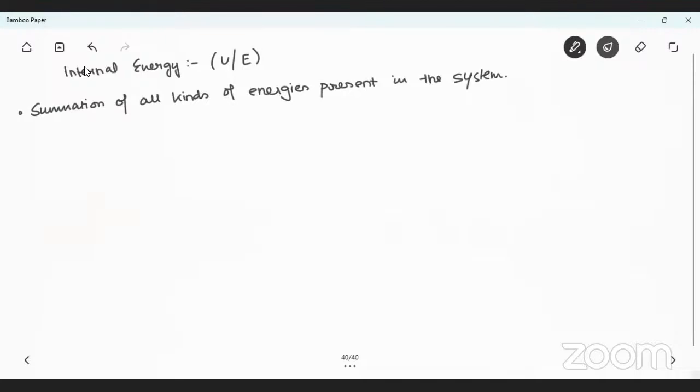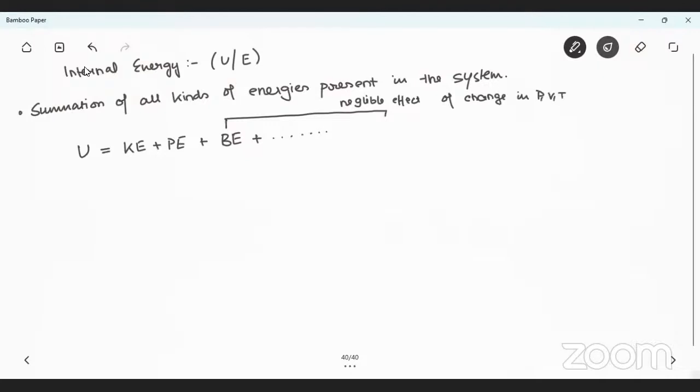U is equivalent to kinetic energy, potential energy, and other different forms of energy. Basically, it is the summation of all kinds of energy.